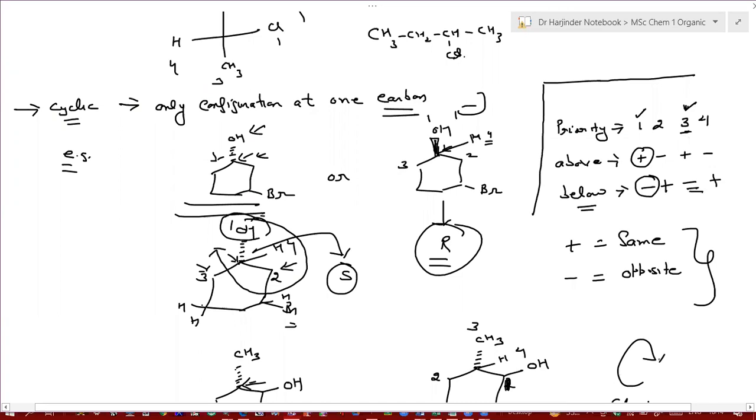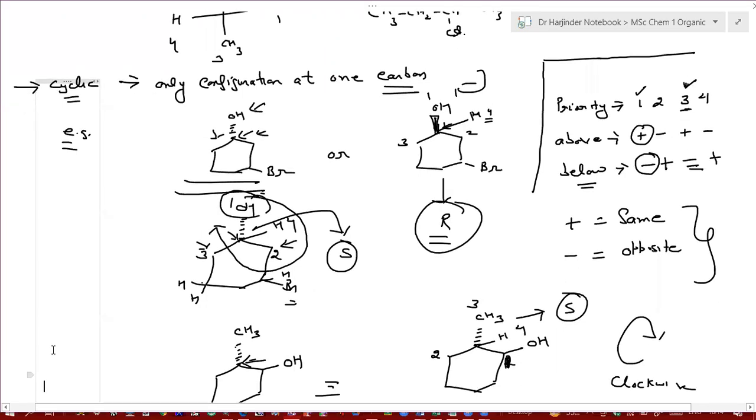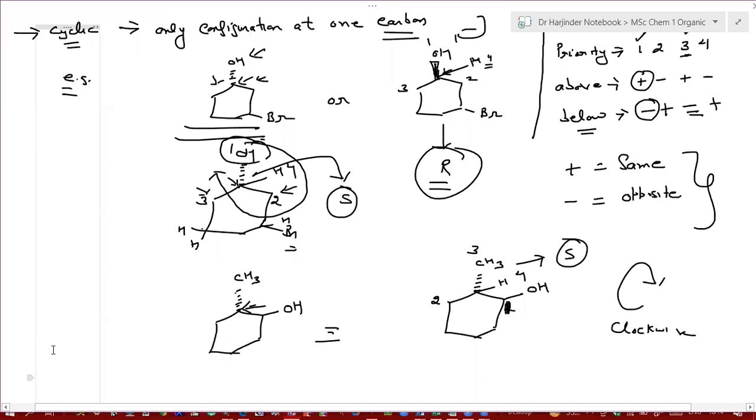It is coming R, so you write the opposite. So it will be S. Is it clear? Yes, sir. And if the methyl were above the plane, in that case, R. Sir, R. Okay, you have to write down the same. So let's see the other examples.